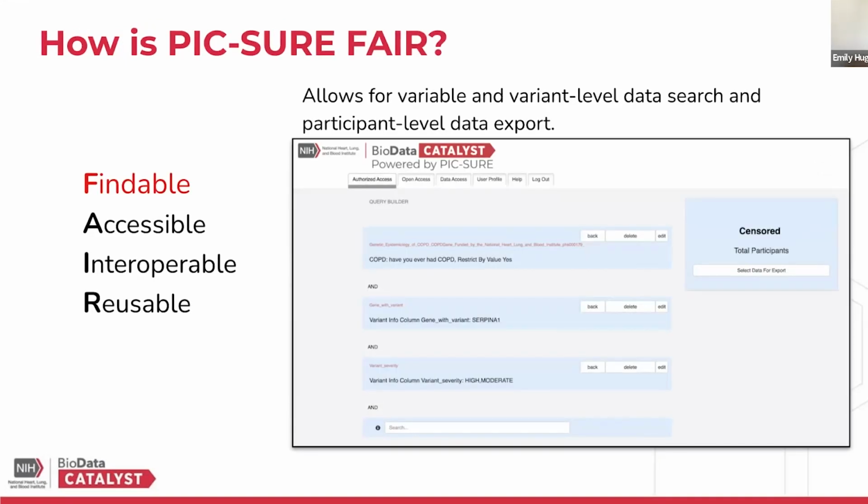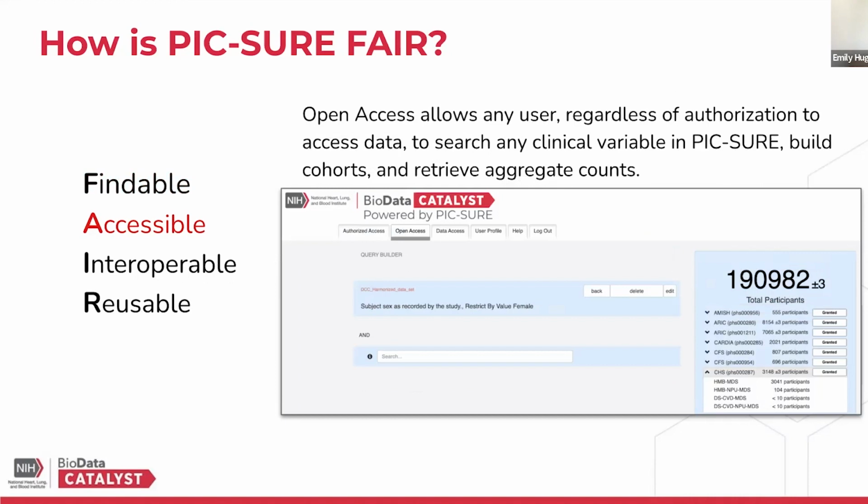So Picture allows you to find data because it allows for variable and variant level data search. And then you can export data at the participant level. Additionally, Picture is accessible. So one part of Picture that I haven't gone over for time's sake, but open access allows any user, regardless of authorization to access data, to search any clinical variable in Picture, build cohorts, and retrieve aggregate counts.